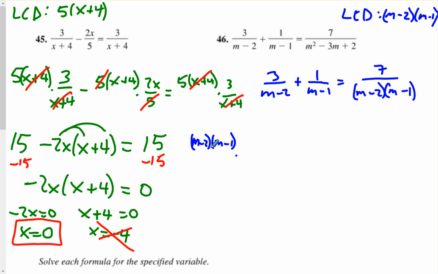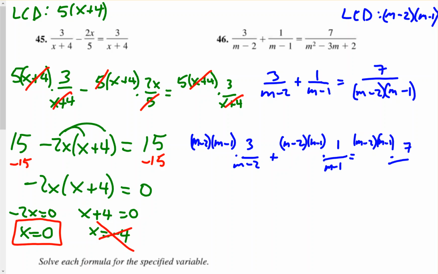So m minus 2, m minus 1 times 3 over m minus 2, plus m minus 2, m minus 1 times 1 over m minus 1, and m minus 2, m minus 1 times 7 over m minus 2, m minus 1.